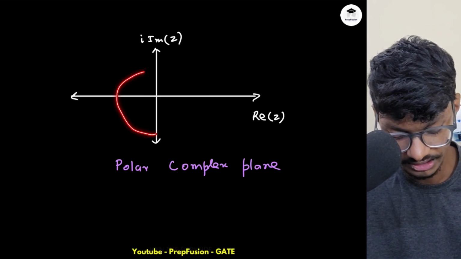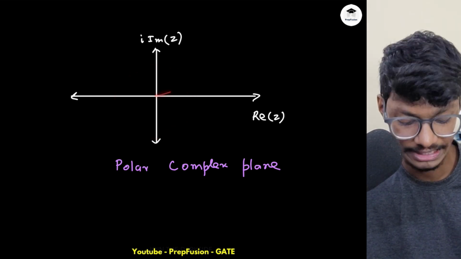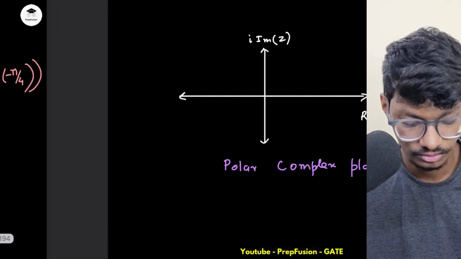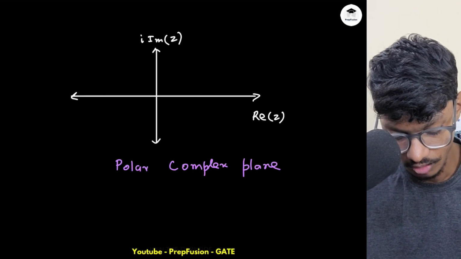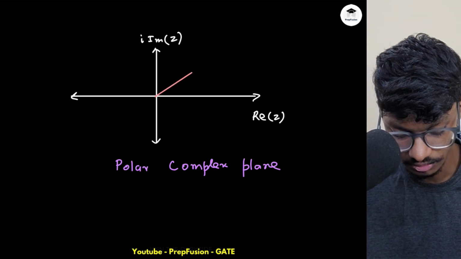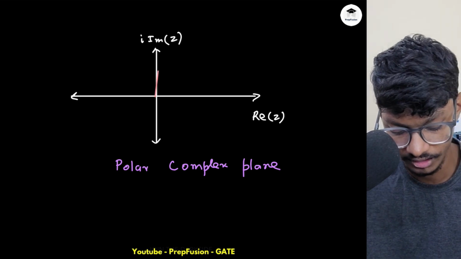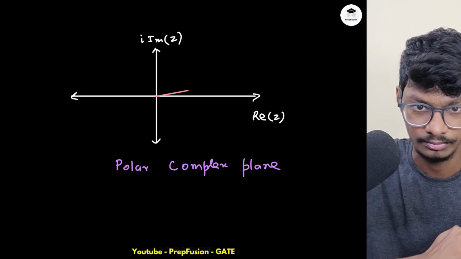Then I will move that amount of angle from the positive x-axis, the argument. I will draw a pointer from the origin of distance 5, then move along the x-axis. In which direction do I have to move? It is telling me I have to move in the minus pi by 4 direction.